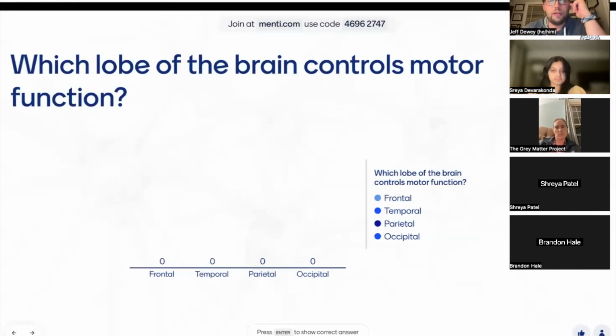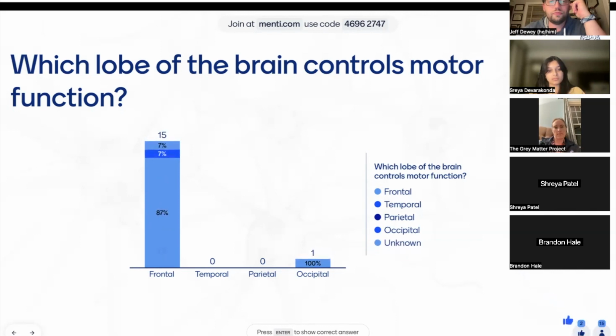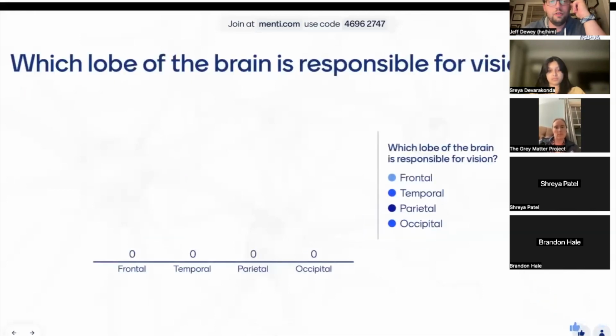Which lobe of the brain controls motor function? The majority are correct. It is the frontal lobe. Which lobe of the brain is responsible for vision?